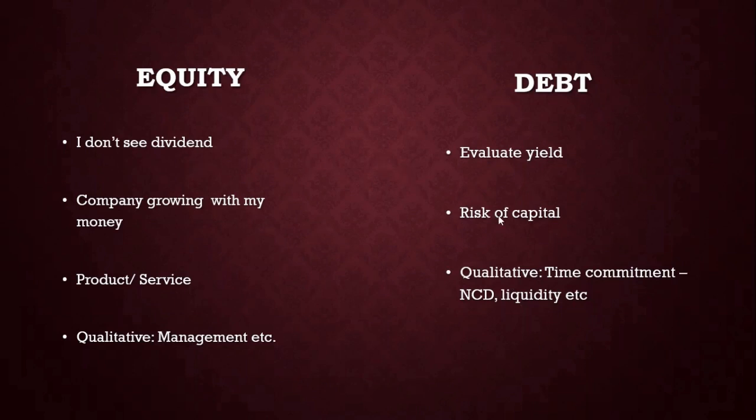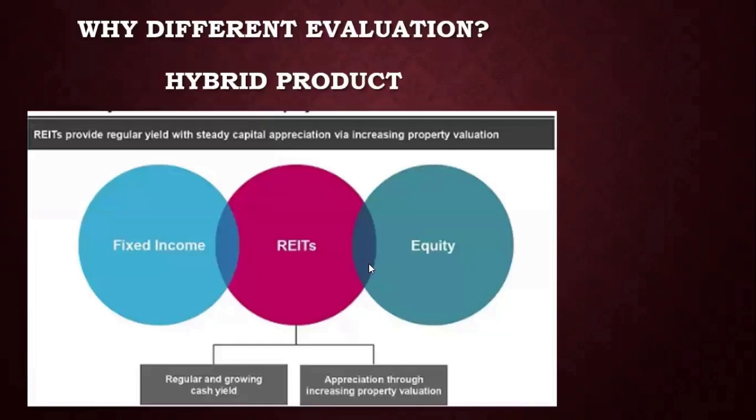So the parameters of investing are different, and yield is a major focus along with the risks that you do take in debt. Whereas in equity, having these same parameters of yield and risk, you would still not give too much consideration to dividends, and you would give other factors more.